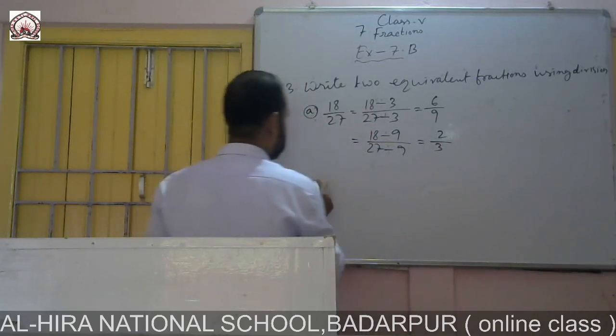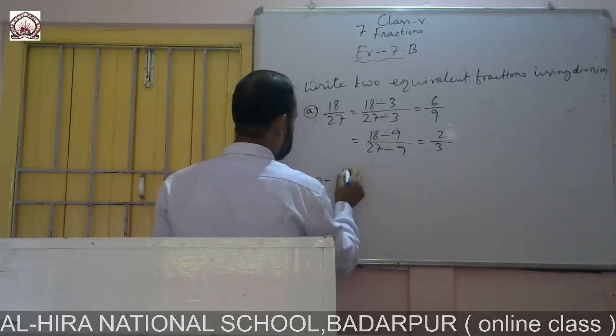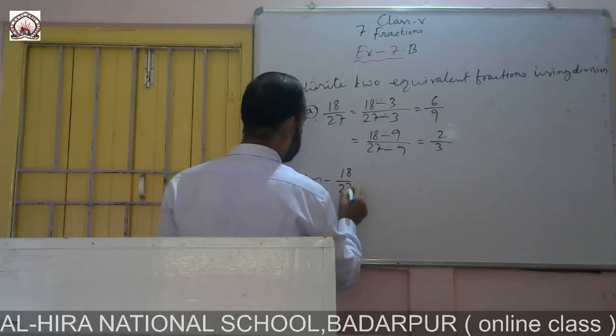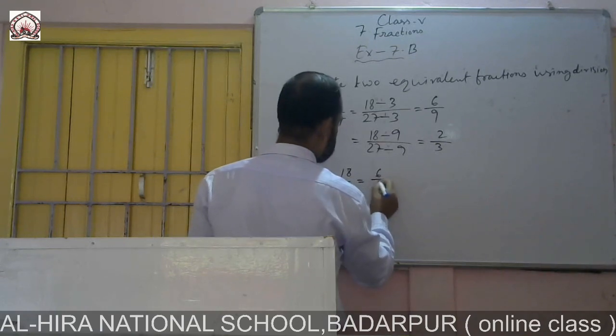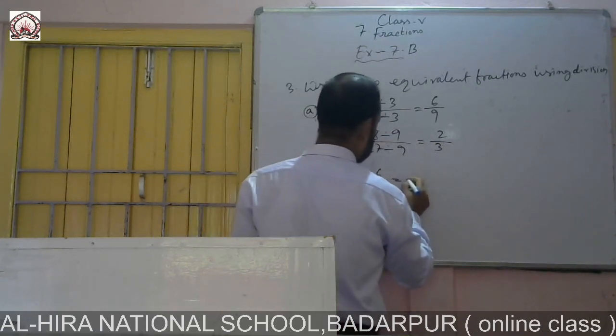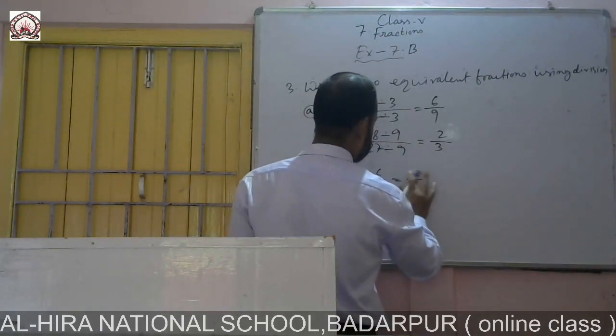Then we can write answer: 18 by 27 equal to 6 by 9 equal to 2 by 3.